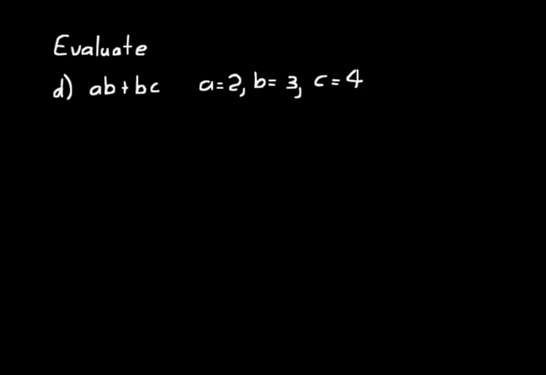A is 2, B is 3, so we have 2 times 3, plus B times C, which would be 3 times 4. And we end up with 6 plus 12. Remember, we do our multiplication first, and that just gives us 18.